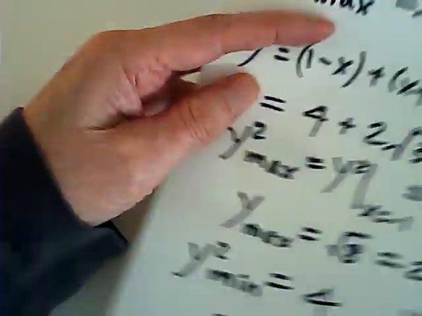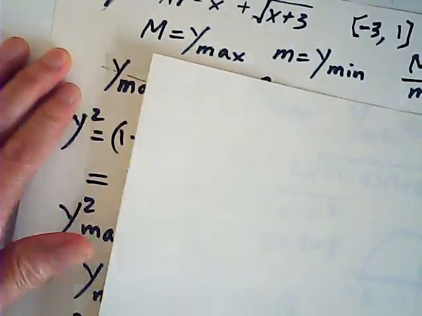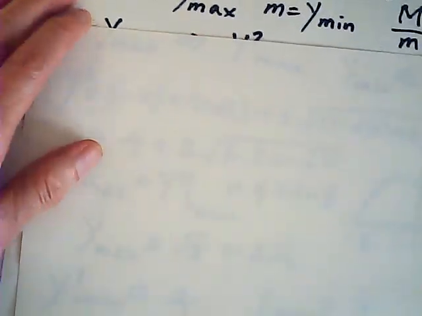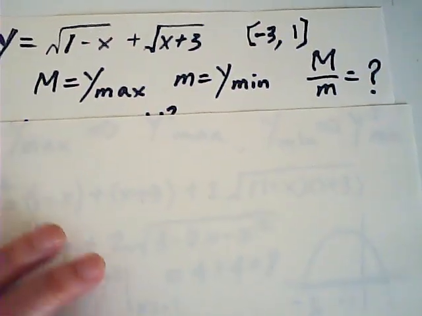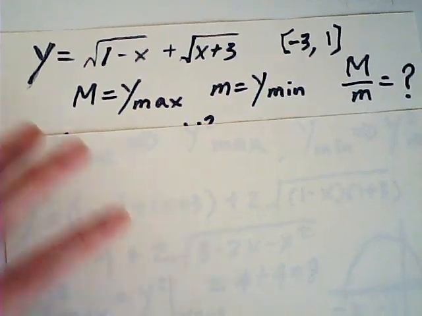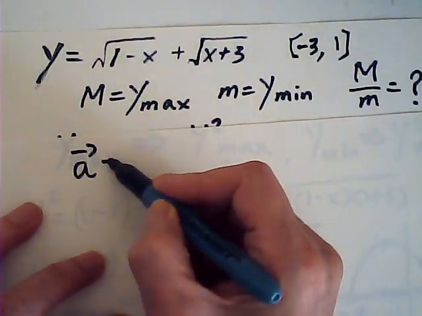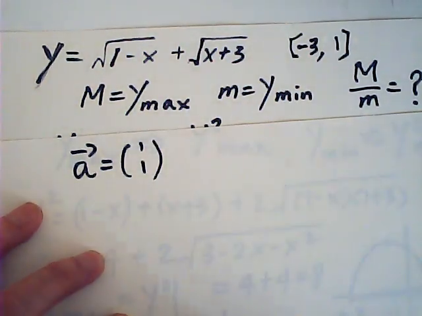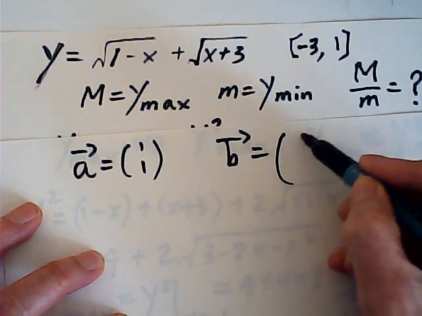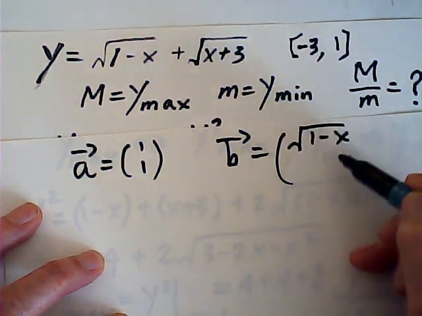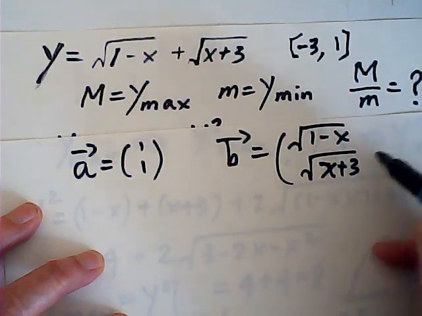Now that's method 2. Method 3, I'm using vectors. Let A be the vector (1, 1). Let vector B be (root of 1 minus x, root of x plus 3).